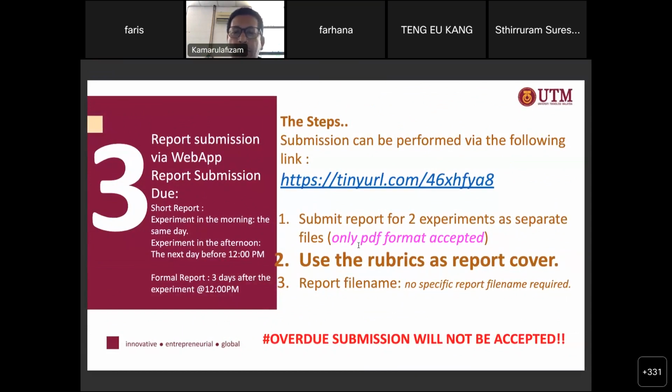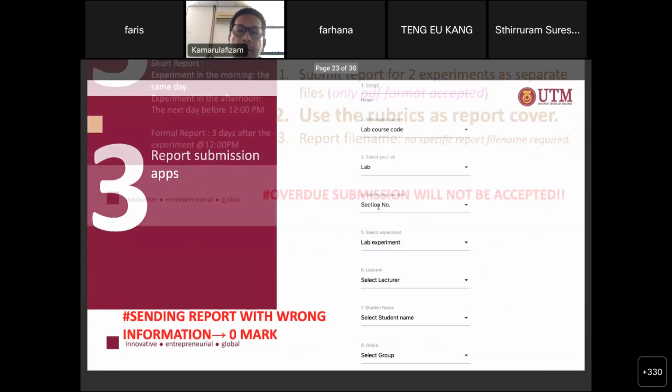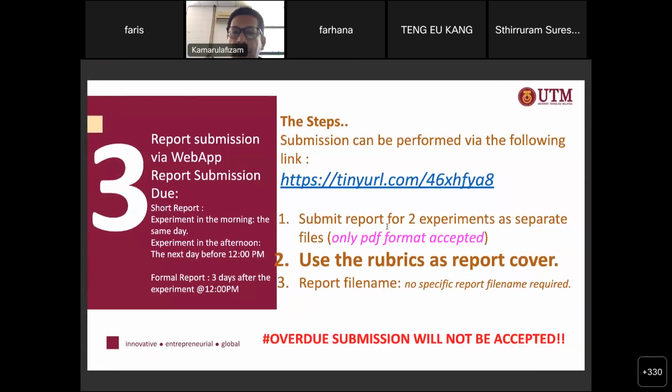But for Lab 1 students, I have to tell you, after each submission through the links that you saw just now in this slide, when you successfully click the submit button, you will receive a confirmation email to the email given, to note that the submission has been accepted or successful.